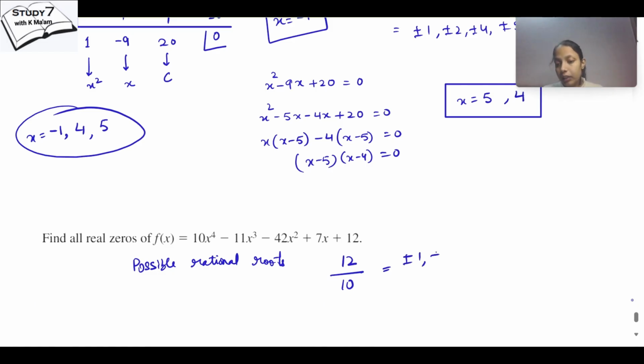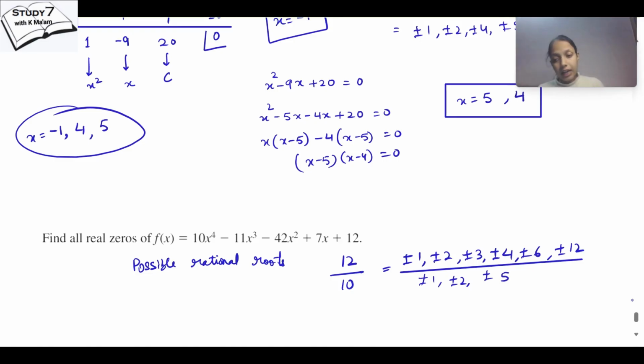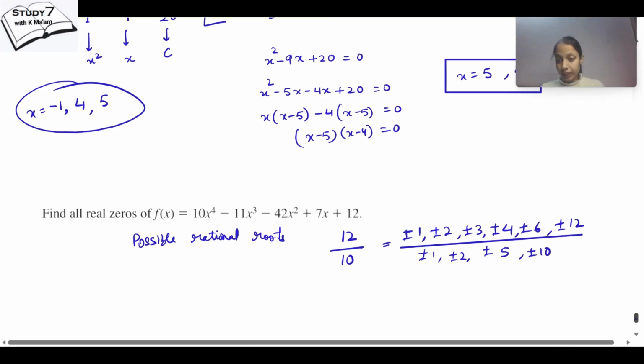Plus minus 1, plus minus 2, plus minus 3, plus minus 4, plus minus 6 and 12 over. What are the factors of 10? Plus minus 1, 2, 5 and 10. Now start dividing. If you divide each term with 1 or negative 1, it's still the same. So it remains the same if you divide with 1 or negative 1.